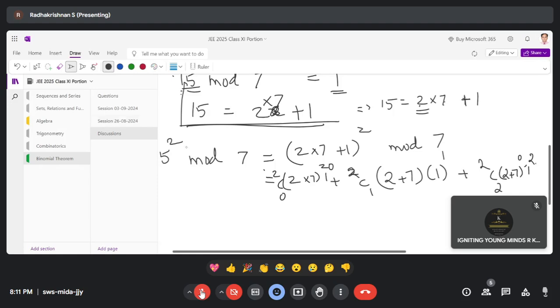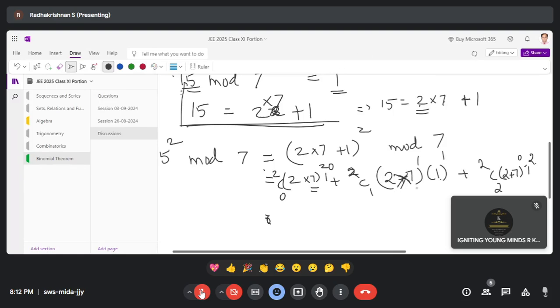This is the expansion. That means இப்போ பார்த்தோம்னா இதுல வந்து 7 is a factor, இதுலயும் வந்து 7 is a factor. 2C1 into 2 into 7 to the power of 1 into 1 to the power of 1.